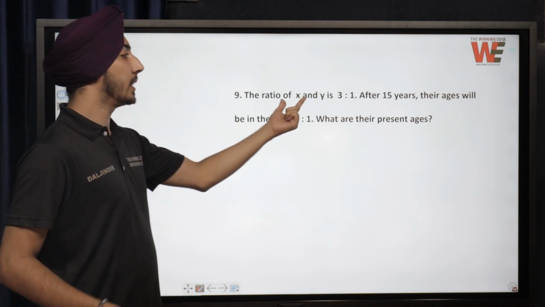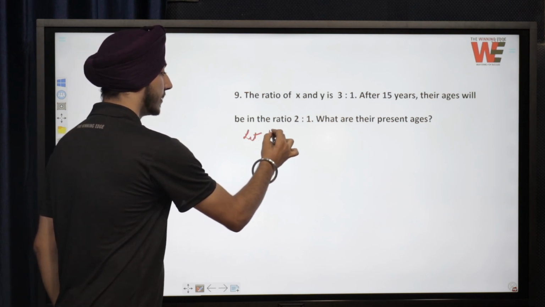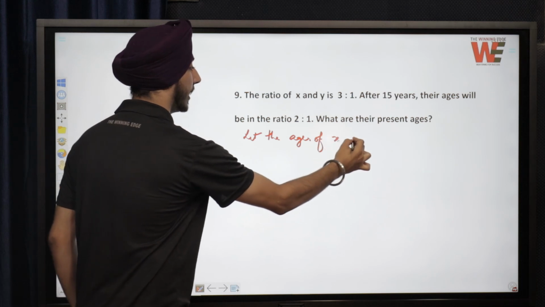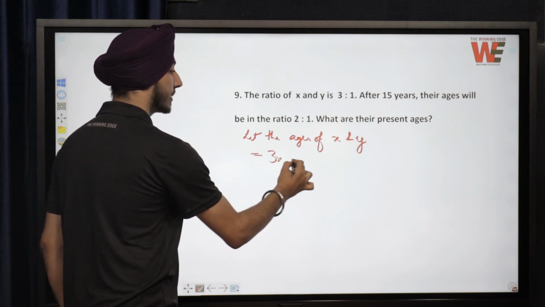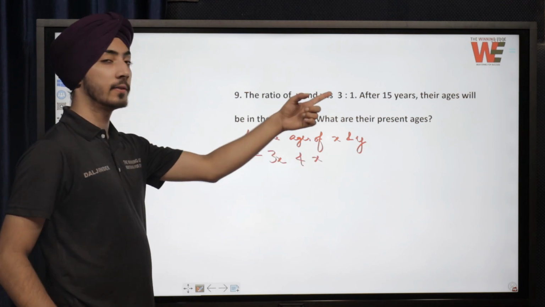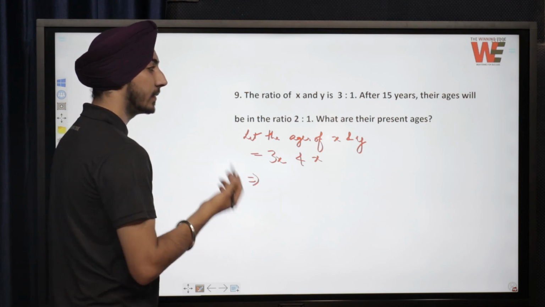Now already the ages are given to you in the ratio 3:1, so we'll write down let the ages of x and y be equal to 3x and x. 1x means x only, right? After 15 years, now as I told you in the example, if you are today 10 years old, after 15 years you will be 25 years old.